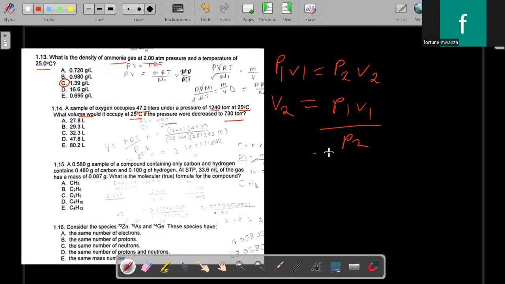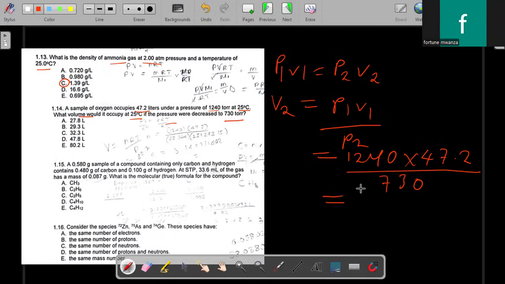My P1, the first pressure, is 1240, times the first volume, 47.2 liters, then divided by the second pressure, which is 732. From there I can find my volume. The volume there will be 80.2 liters, so my answer is E there.